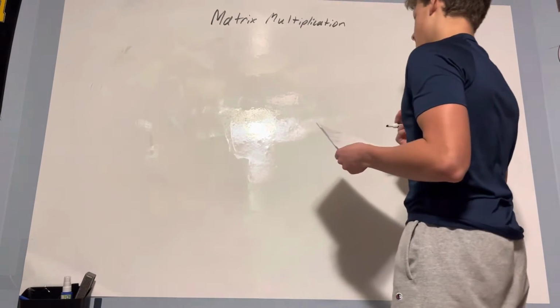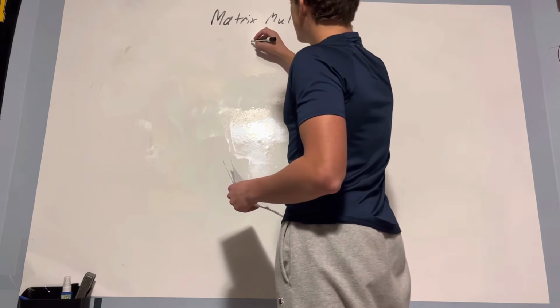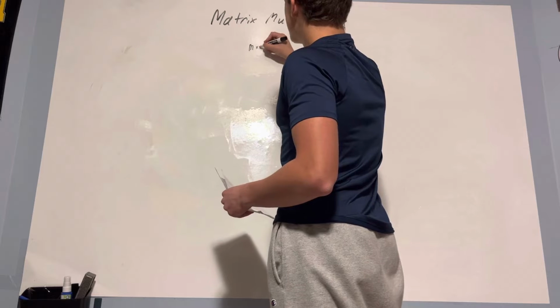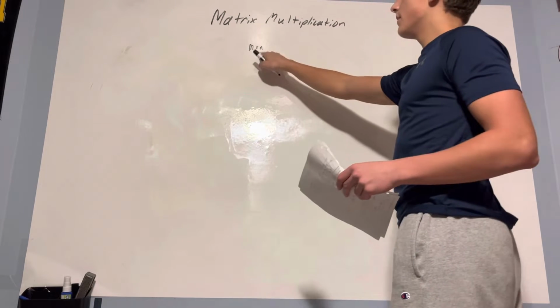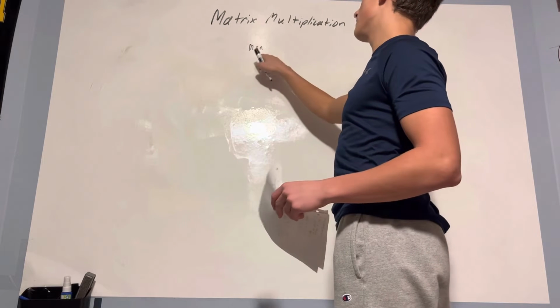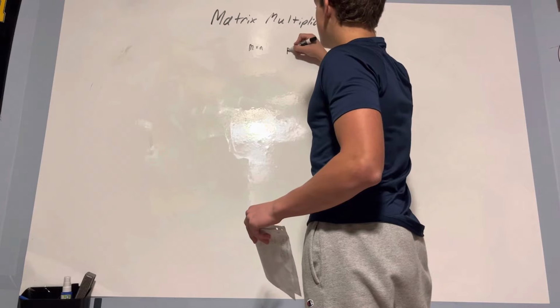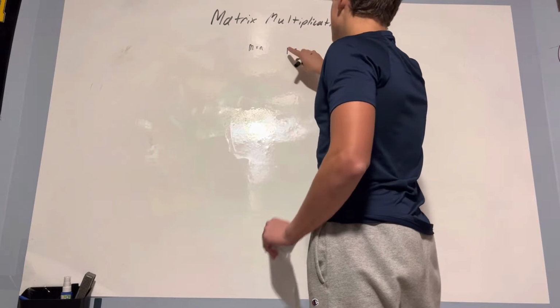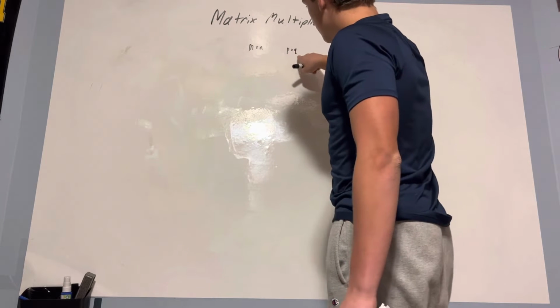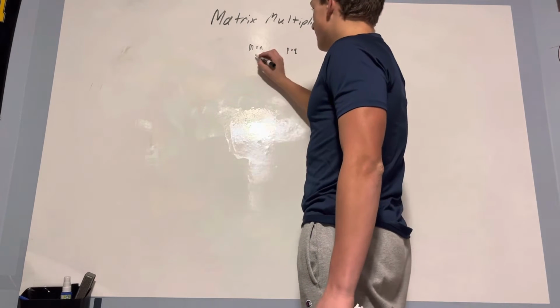So we can multiply some matrix, so these are going to be the dimensions of the first matrix, m by n. So some m by n matrix, the m is the rows and the n is the columns. And we're going to multiply it by some p by q matrix, so some p rows by q columns matrix. And we can only multiply these two matrices.